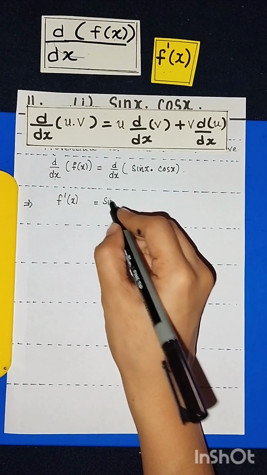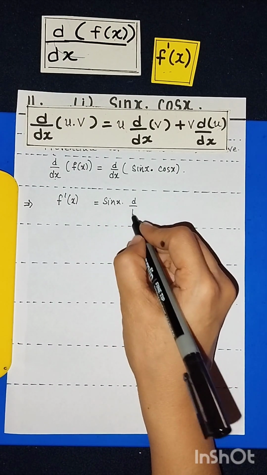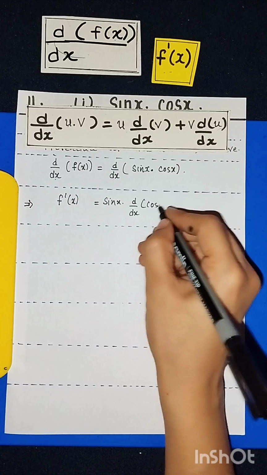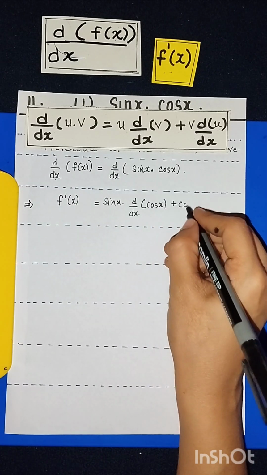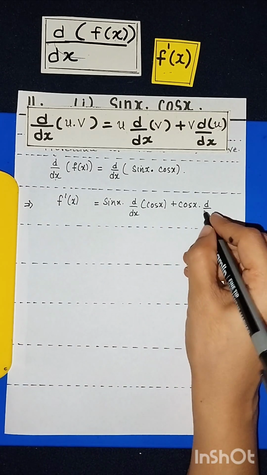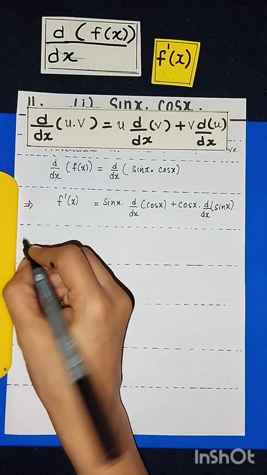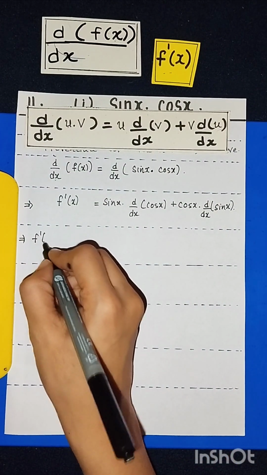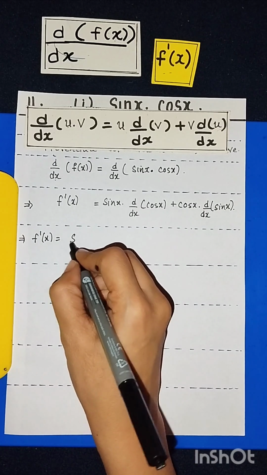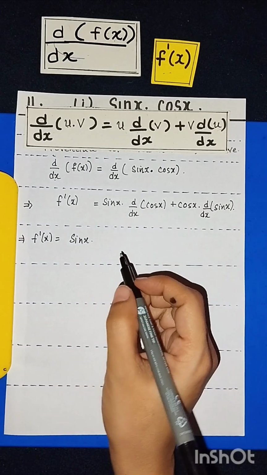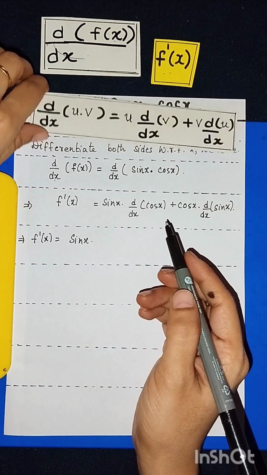So we will write sin x into d by dx of cos x plus cos x into d by dx of sin x. Now this implies f dash of x is equal to sin x into the derivative of cos x.